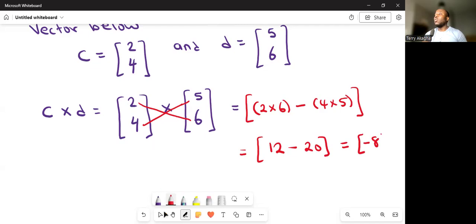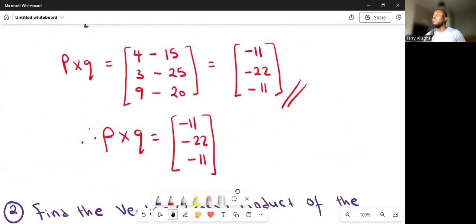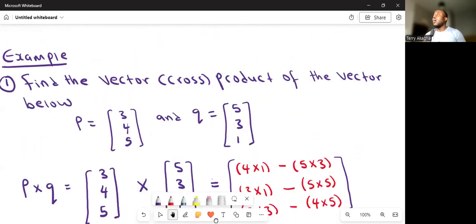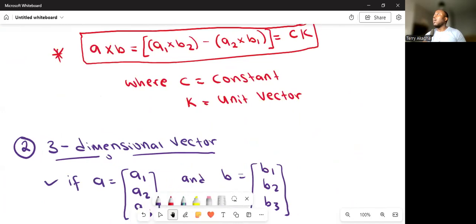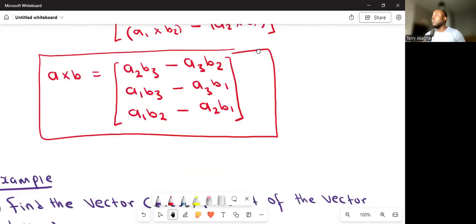But remember, I told you that you're going to have a constant plus k, because it's a unit vector. So if you remember when I said for the 2-dimension, you're going to have c and k. So you can see it here. It's a 2-dimension, so it's going to be minus 8 K, because it's a unit vector.